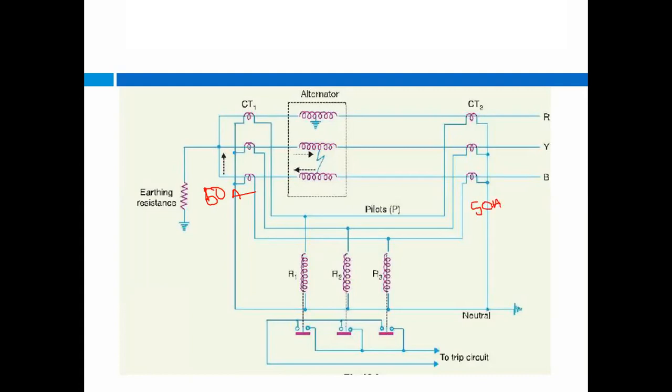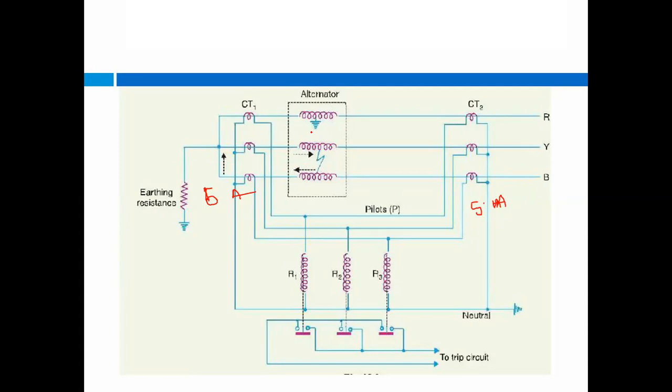Or we'll consider only 5 ampere here. So if the current flowing through the CT primary is 5 ampere, the secondary is also 5 ampere.